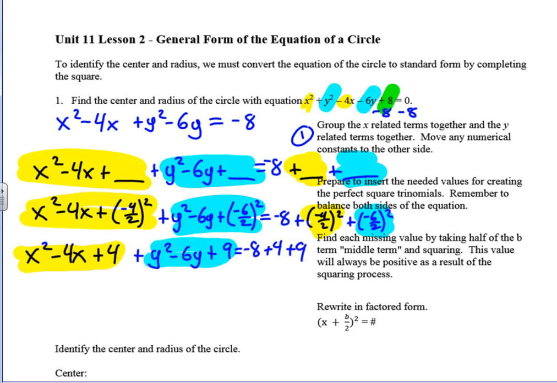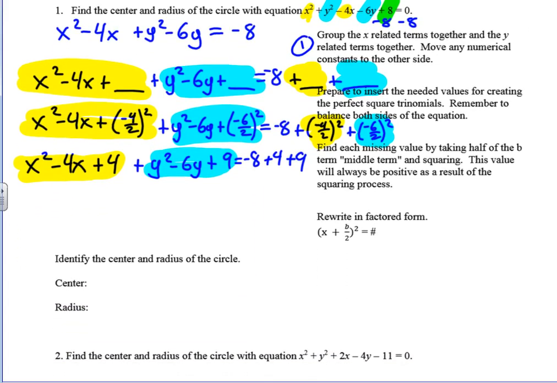The reason we want to create perfect square trinomials is because we can rewrite these in factored form. That's what this step is, rewrite them in factored form, and that's just that b number divided by 2.